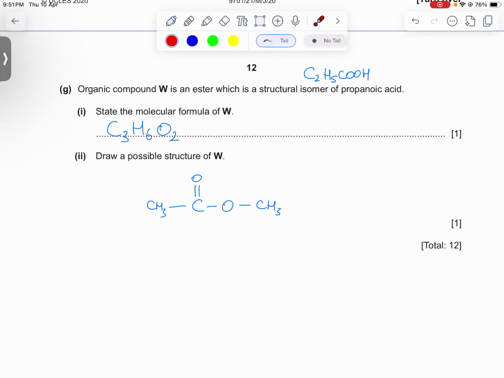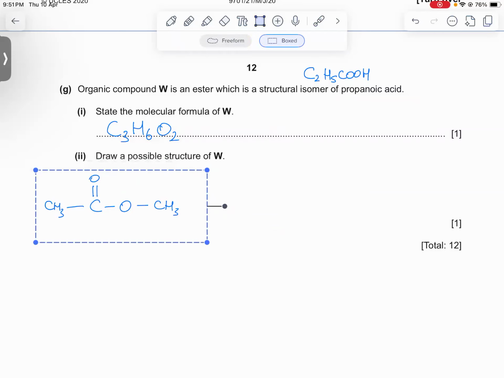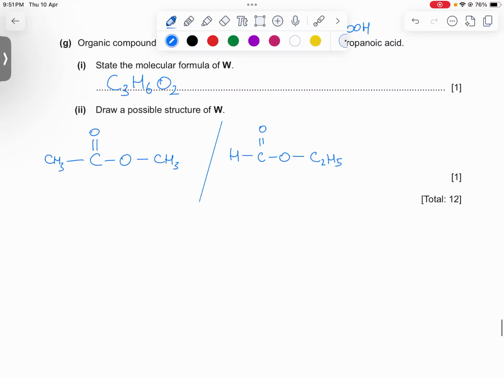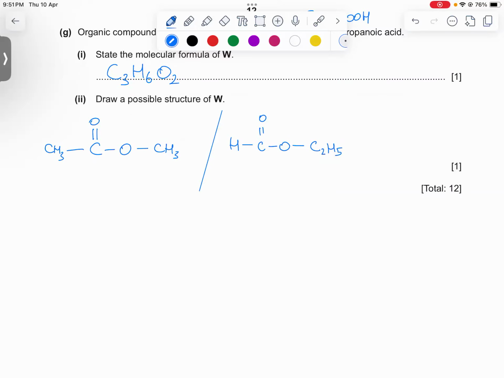But we do know from our knowledge that esters and propanoic acids are structural isomers, specifically functional group isomers, because they contain different functional groups with the same molecular formula, right? Another possible answer, the only other possible answer in fact, could also be this: H C double bond O O C2H5. I will write names of both these compounds as well.